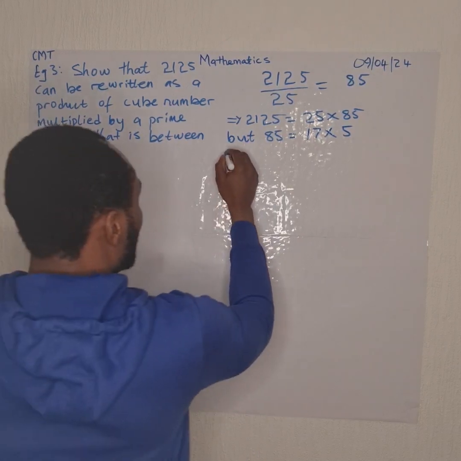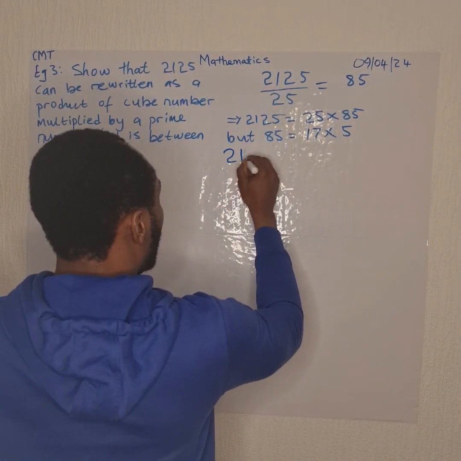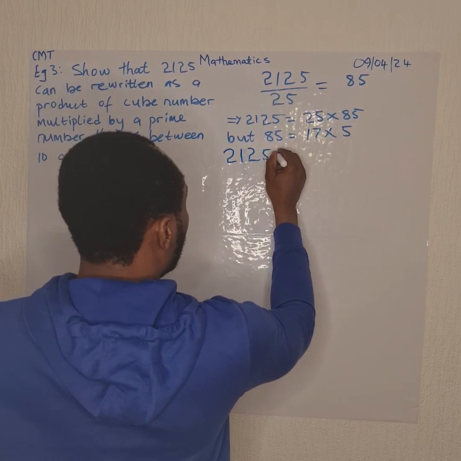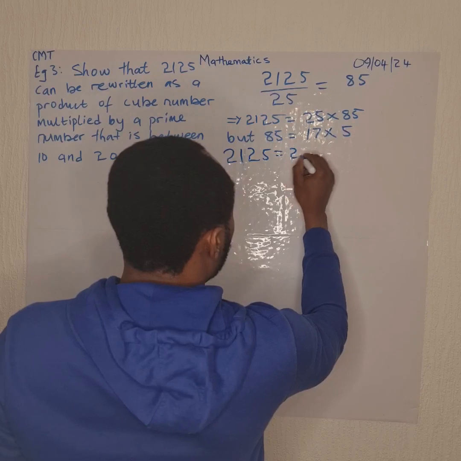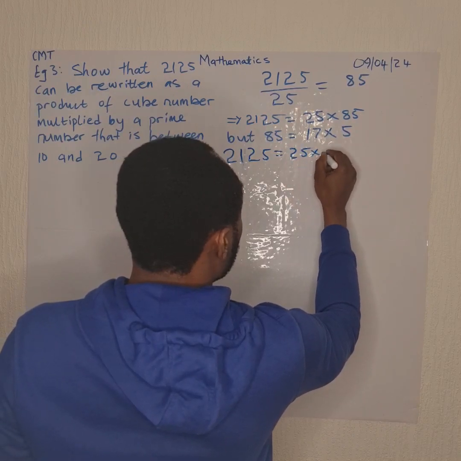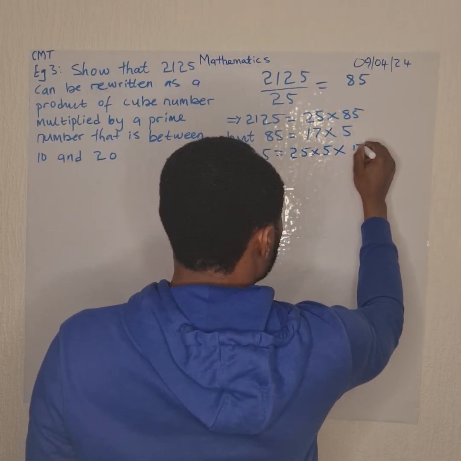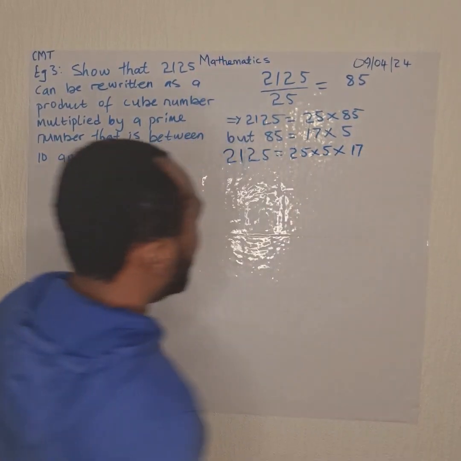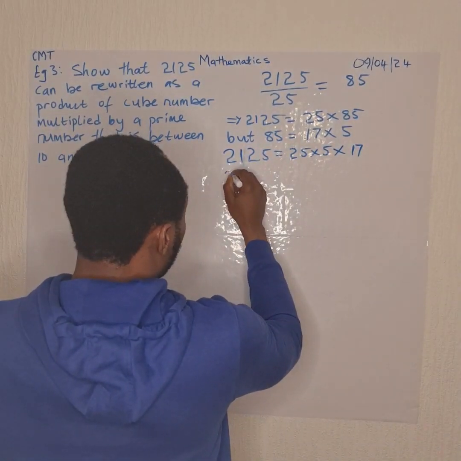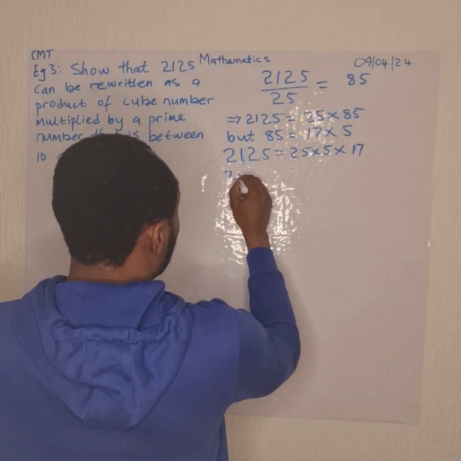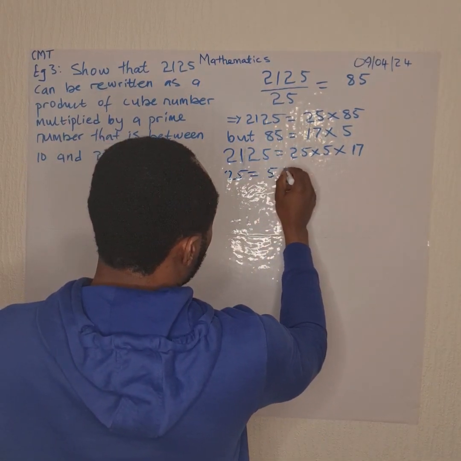So 2125 is the same thing as 25 times 5 times 17. Oh, but 25 is the same thing as 5 times 5.